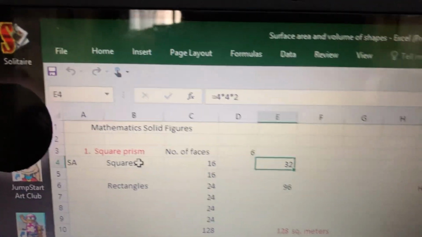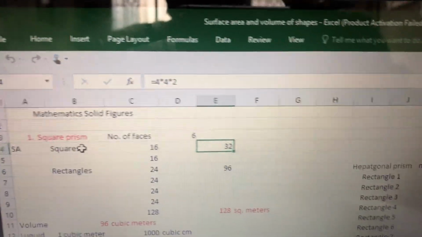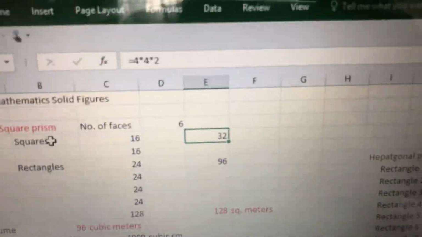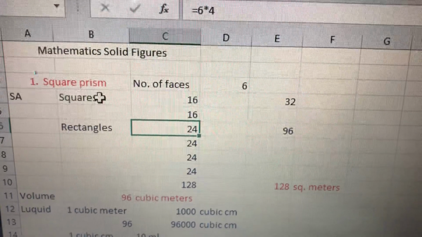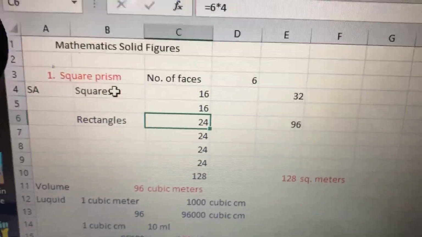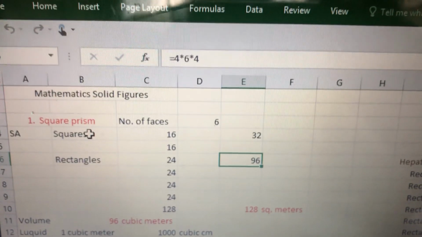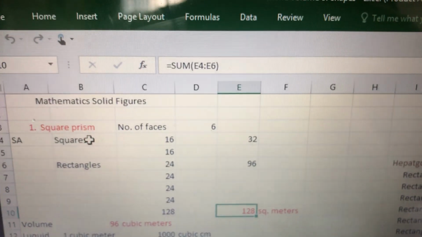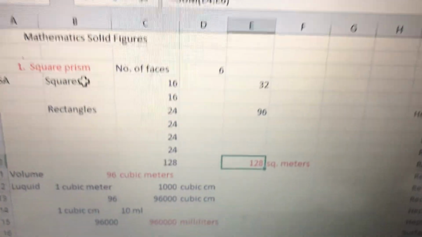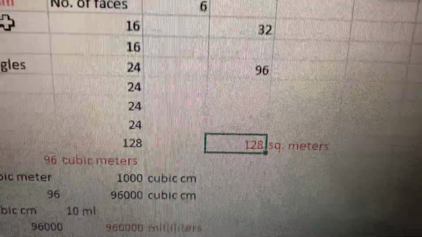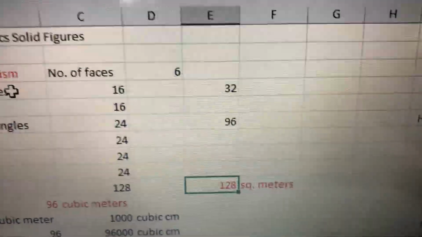Since there are two faces that are congruent, I grouped them, so therefore 32. 4 times 4 is the area of 1 square, times 2 because there are two congruent squares. Then the area of 1 rectangle is 24 square feet, and we have 96 square feet in total. Then I summed these two, this cell, and I got the answer of 128 square, not meters, but square feet. I may need to change that, but that's okay.